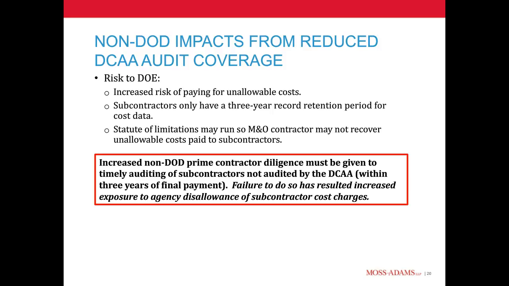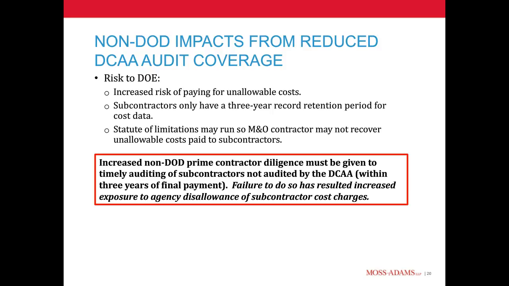Another issue was these audits, due to DCAA delays, were well past the 3-year record retention period for cost data. And so it was very extremely difficult to audit. And even more so, the 6-year statute of limitation was almost running on some of these contracts.